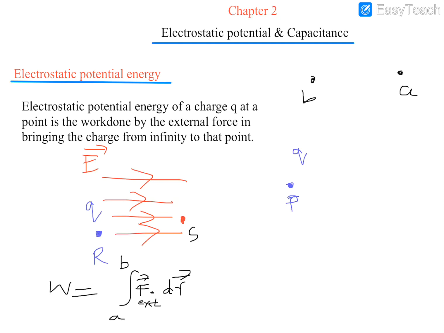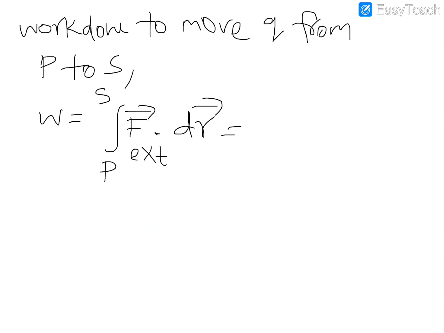So let us imagine that the electric field is exerting a force of Fe. Okay, force exerted by electric field is Fe. That means you need to exert an equal and opposite force in order to move your charge Q from P to S. So the electric field is exerting a force Fe, which means you need to exert a force minus Fe. Okay, so the external force which you are applying is minus Fe.